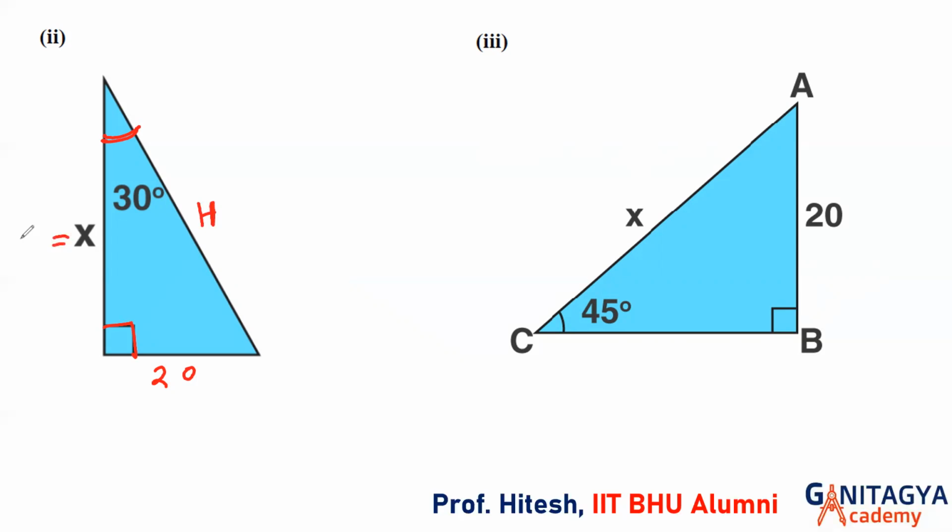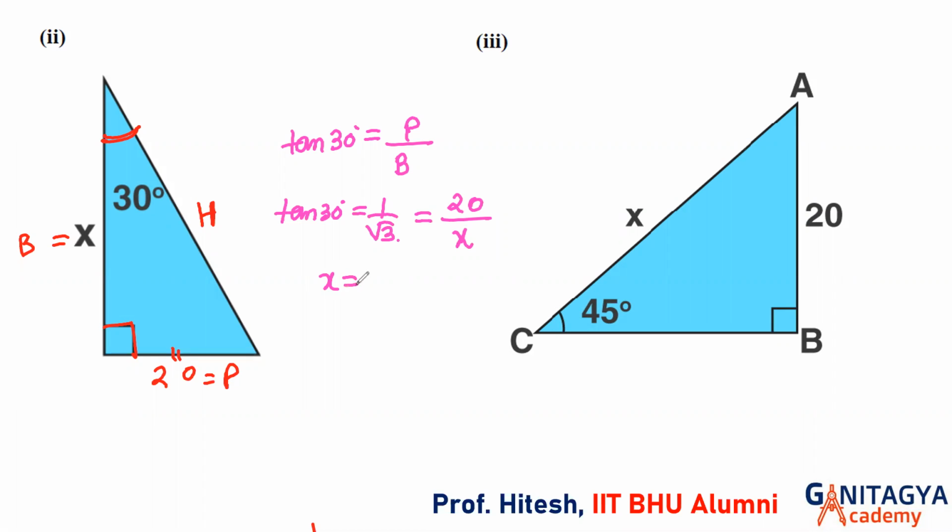In this case x will be the base. You have to remember that the perpendicular is opposite to the angle. So which formula will we use? P upon B, because tan 30 is perpendicular upon base. Tan 30 is 1/√3, perpendicular is 20, base is x. So x is 20√3. This is the second one.